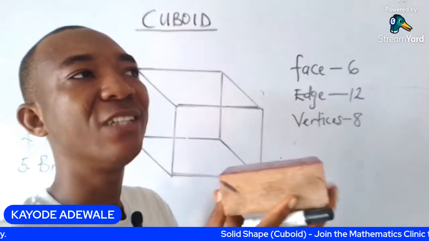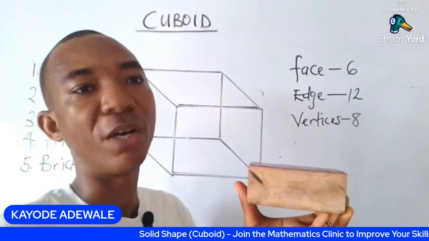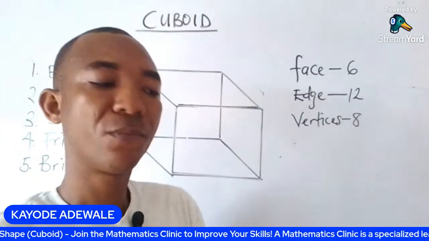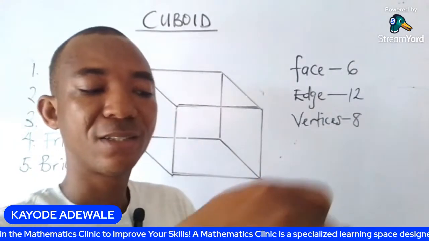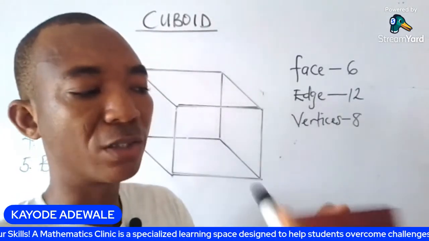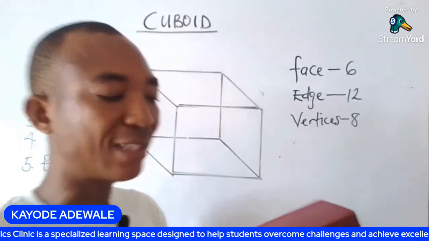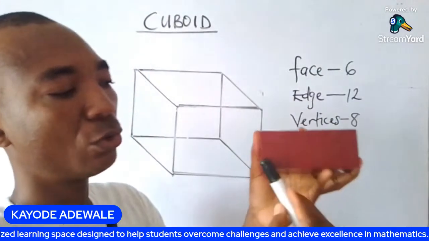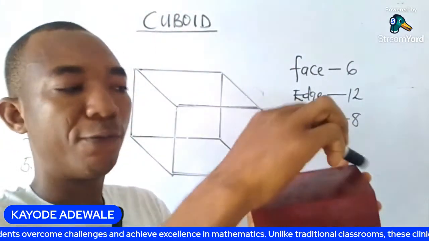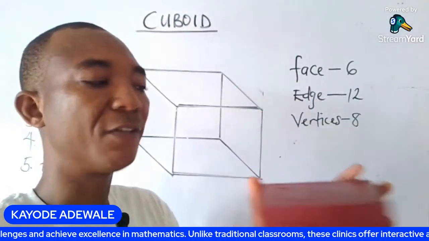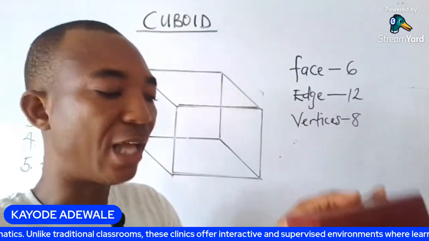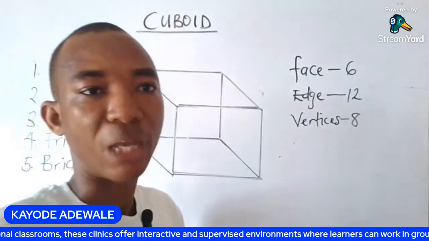So let's count the number of edges on a cuboid. 1, 2, 3, 4, 5, 6, 7, 8, 9, 10, 11, and 12. Let's count again. 1, 2, 3, 4, 5, 6, 7, 8, 9, 10, 11, and 12.